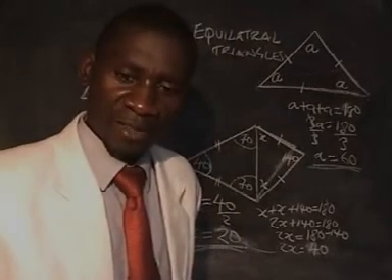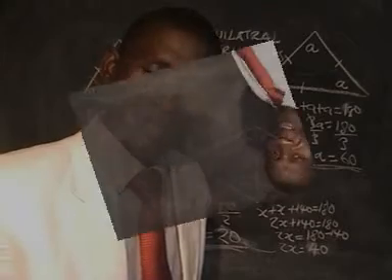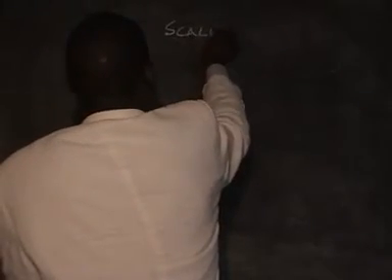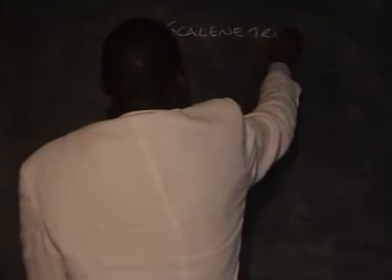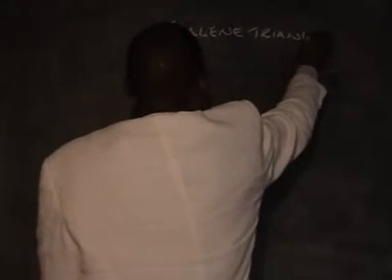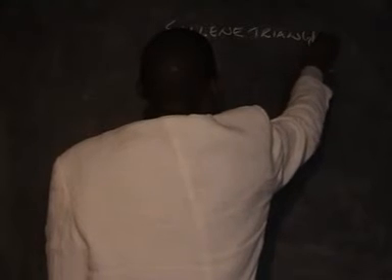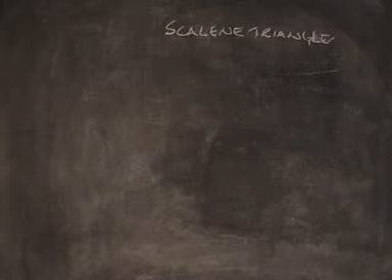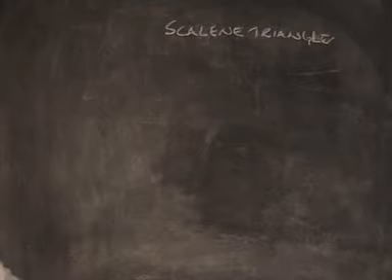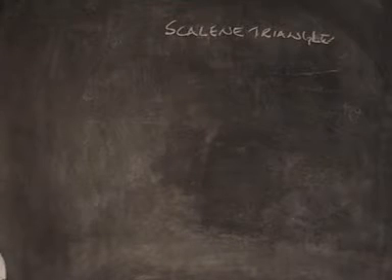Allow me to clear some space so that I show what these triangles are. Scalene triangles, where we have all the 3 sides totally different.